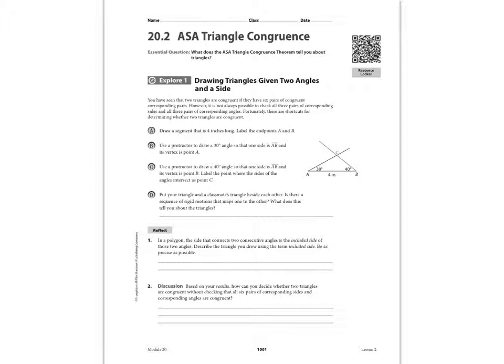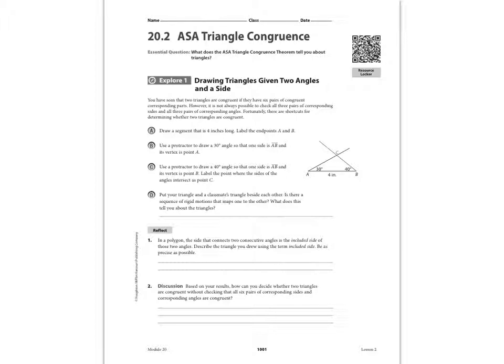Remember that the definition of triangle congruence is that if two triangles are congruent, all the 6 parts of one triangle are congruent to the 6 parts in another triangle. We call those corresponding parts. And the converse of that is the way we prove triangles are congruent.